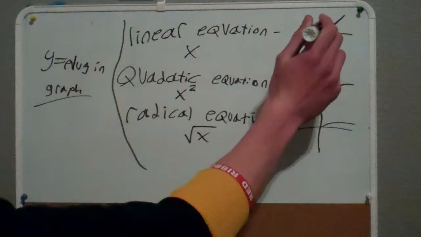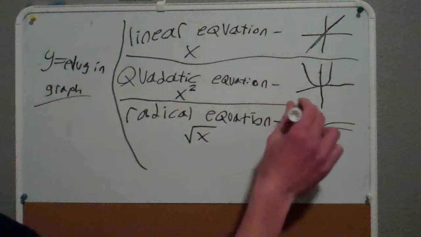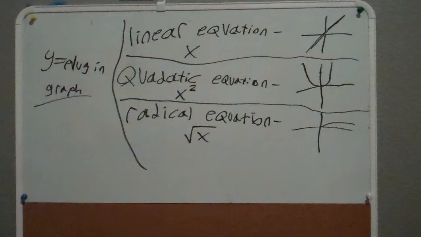And then you're going to see with these, the linear, you have that. Quadratic, you have that. The radical, you'll have that graph. Pretty easy stuff, but if you ever get confused, just come on back and rewatch it, and we'll relearn.